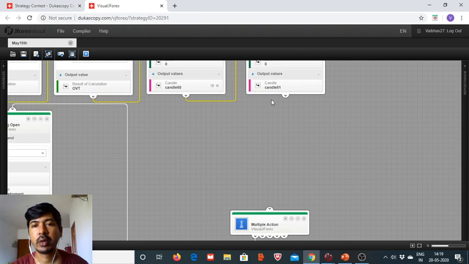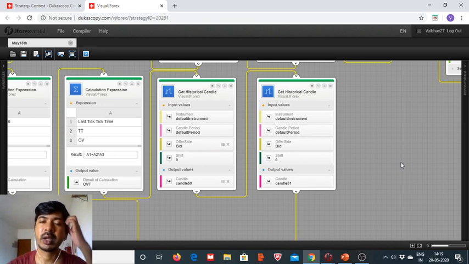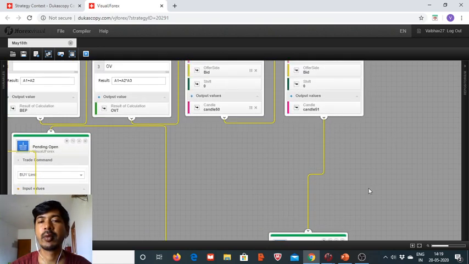And here we join it. Here, if we later need to do further calculation while doing the sell side, we will again disconnect the flow and add whatever blocks are required.